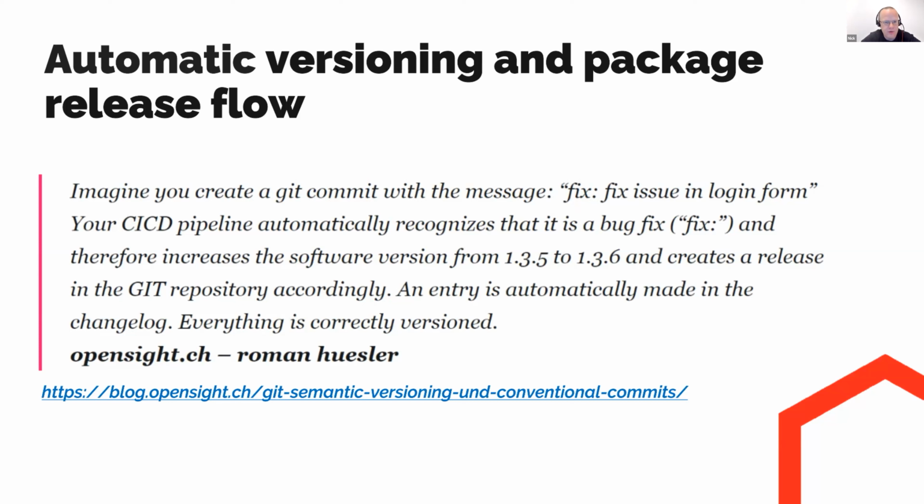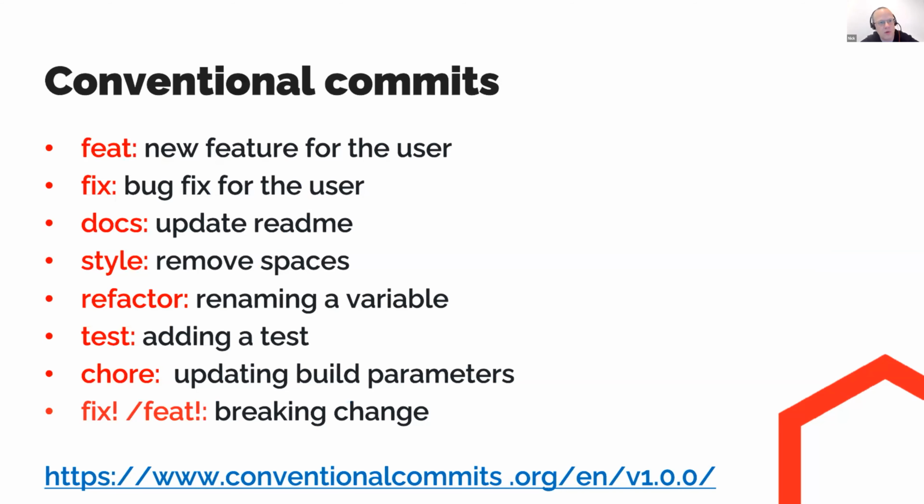Ordina came with the idea of implementing conventional commits and semantic release. And this helps us with a lot of things. It's actually a very easy concept. So every time you do a commit, you use one of these prefixes. And this will allow GitLab, or the semantic release component that we introduced in GitLab, to automatically calculate version numbers.